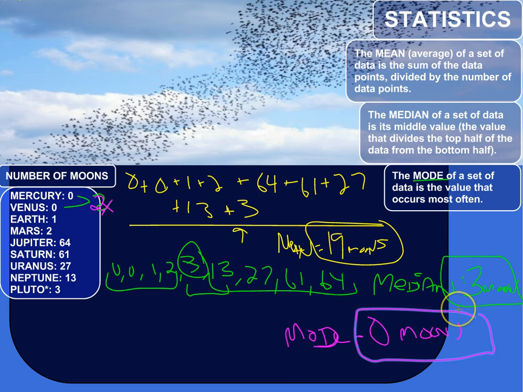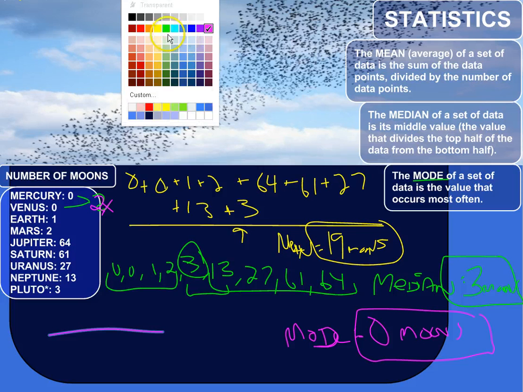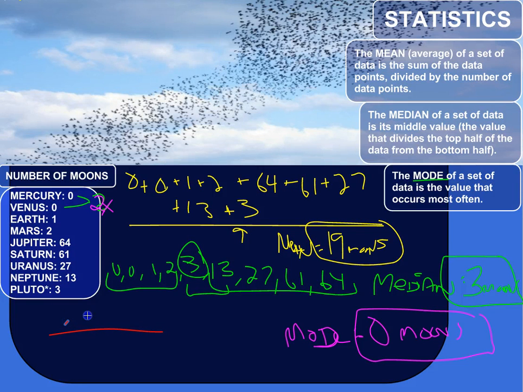So mean, median, and mode are measures of central tendency, which means that if you've got a bunch of numbers, the measure of central tendency is what value these things are gravitating around or huddling around. There are 3 different ways of doing it.